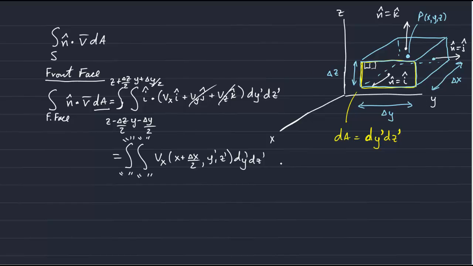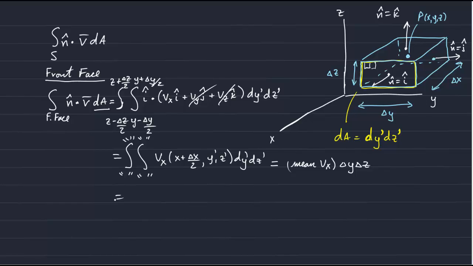And what that turns out to equal is the mean Vx on the plane times delta y delta z.